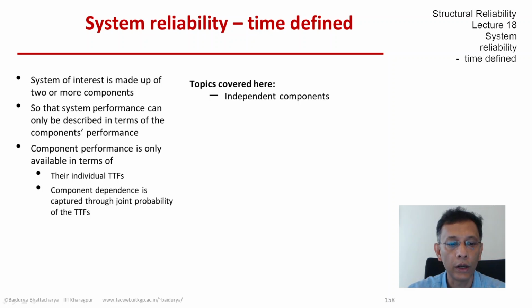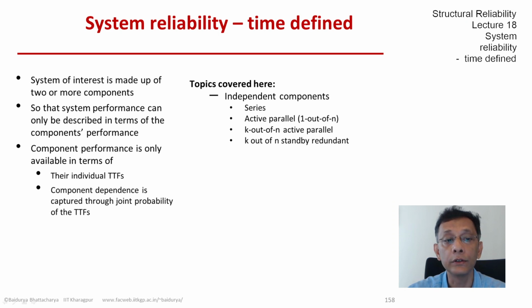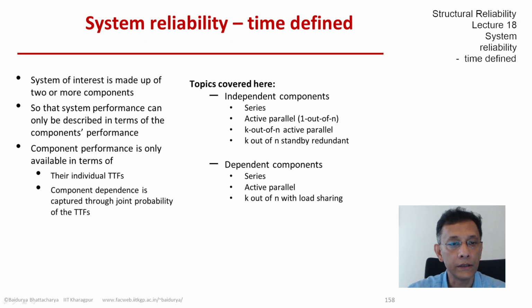Under independent components, we are going to look at the series system, the active parallel, which is a 1 out of n system, the generalization, the k out of n system, and then standby systems also. And when there are dependent components, we are going to look at series, active parallel, k out of n with load sharing, and standby with switching failure. So that's our plan.